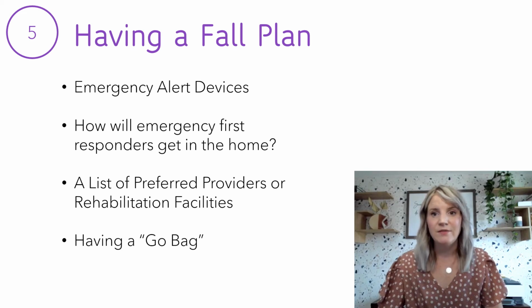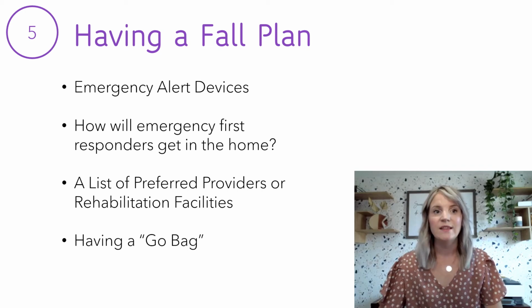The truth is, if a first responder does not have instructions on how to get into the home, they will break down your door to respond to the emergency. And then you have another problem on your hands. If you already have an emergency alert device, I would encourage you to call the company and have them make a special note of where an emergency key is located for first responders.